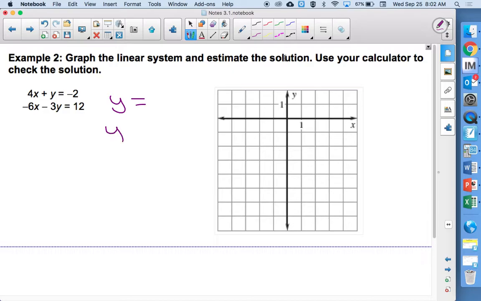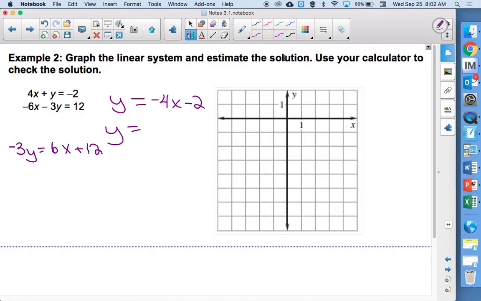Jack, what two equations did you get? What did you get for the first equation? Negative 4x minus 2.